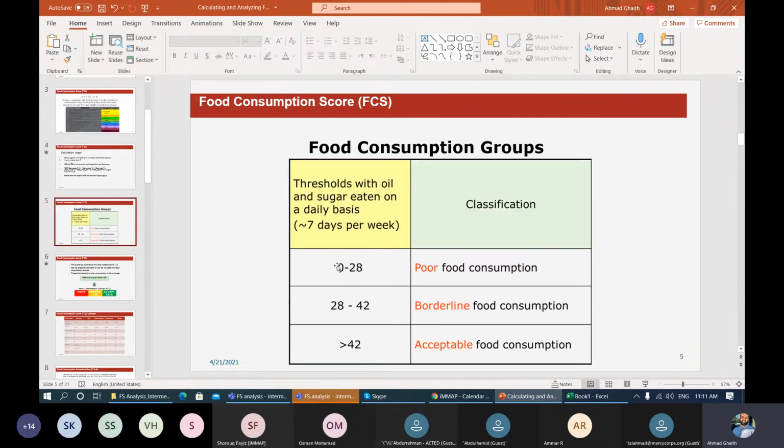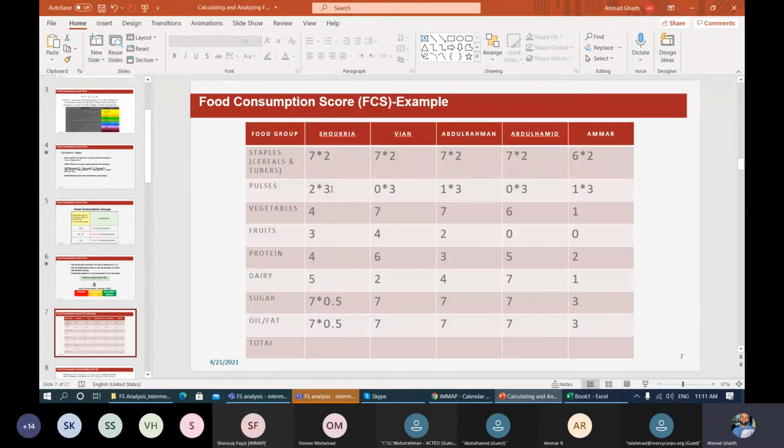And this is sort of why the cutoff is at 28, because a family can get there with something that we would consider to be not a great diet, but a diet that is at least delivering enough energy, enough calories in foods that are relatively inexpensive. So this is sort of why the cutoff.